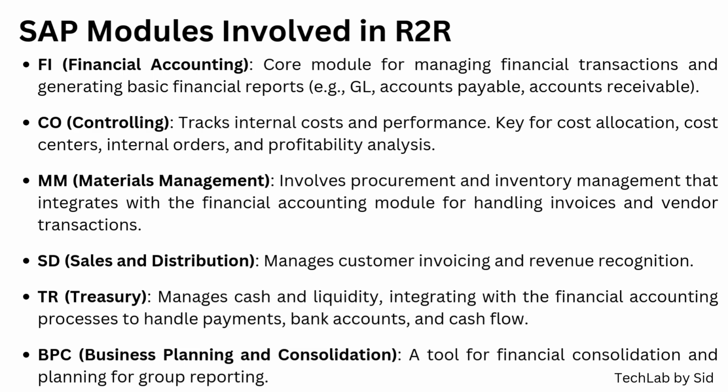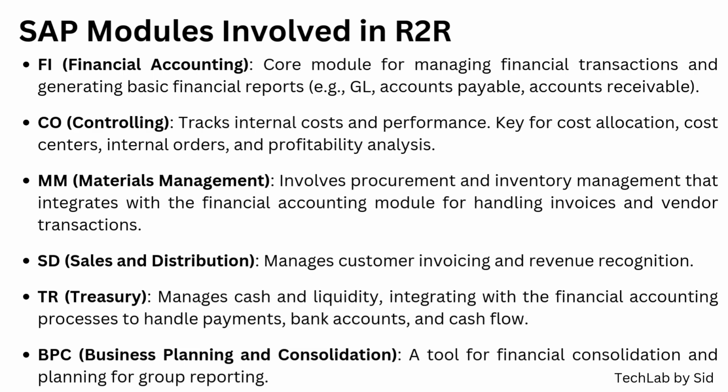The CO module focuses on tracking internal costs and performance, supporting cost allocation, cost centers, internal orders, and profitability analysis. MM integrates with financial accounting to manage procurement, inventory, and vendor transactions, ensuring accurate invoicing and financial records. The SD module handles customer invoicing and revenue recognition, linking sales activities to financial reporting.